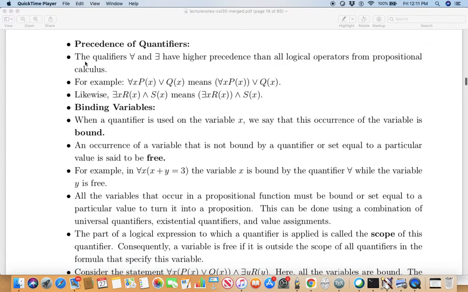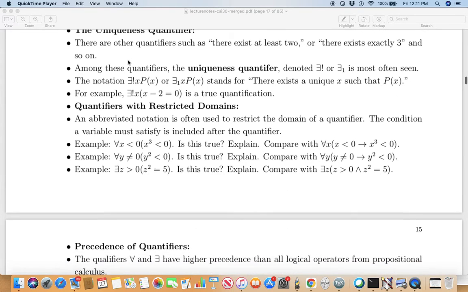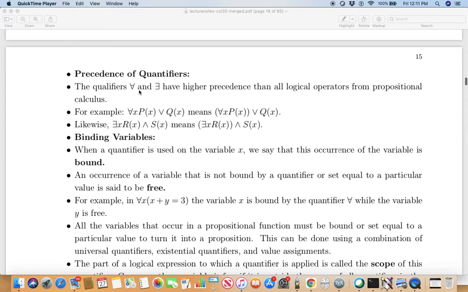Precedence of quantifiers. The quantifiers for all and there exists have higher precedence than all the logical operators from propositional calculus. For example, for every x p(x) or q(x), what does this mean?